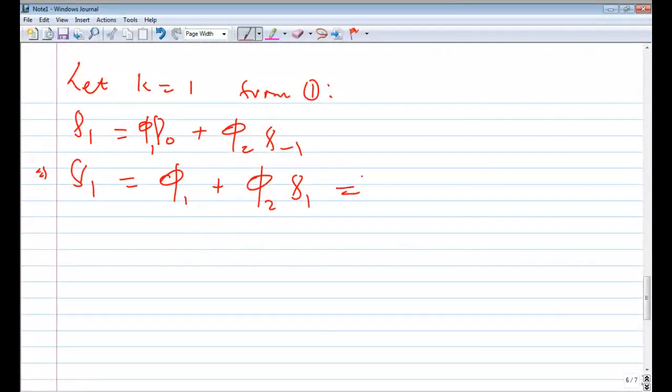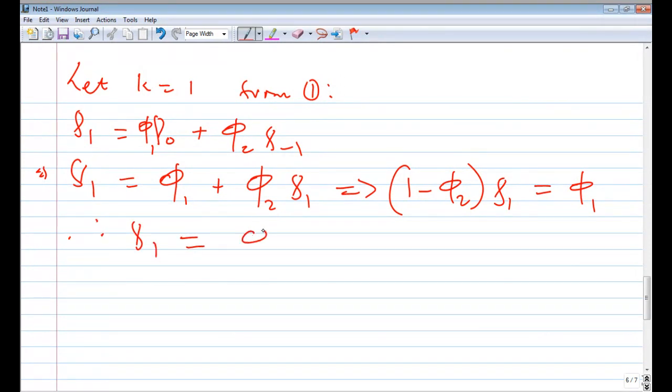Now we just want to solve for rho 1. Take the phi 2 rho 1 to the left. So you're going to get 1 minus phi 2 rho 1, which is equal to phi 1. Are we together? Therefore, rho 1 is equal to phi 1 over 1 minus phi 2.